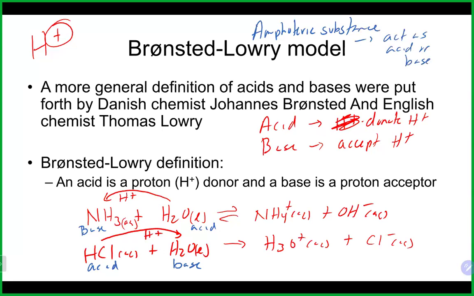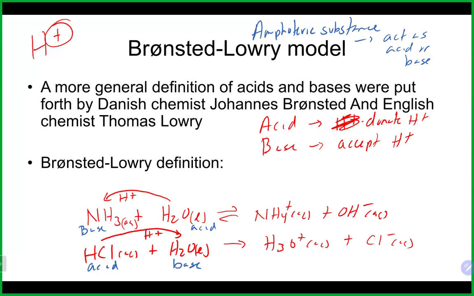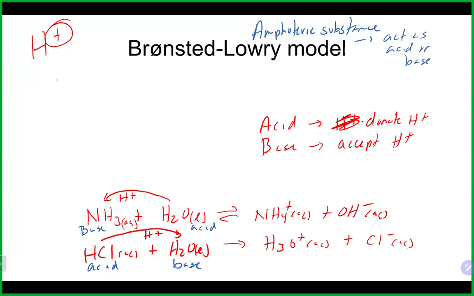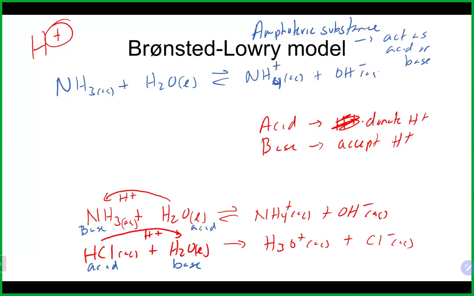Now, there's also sort of a consequence of the Bronsted-Lowry definition. It actually creates partners on the other side of the arrow. And what I mean by that is if we look at this, this is our base.